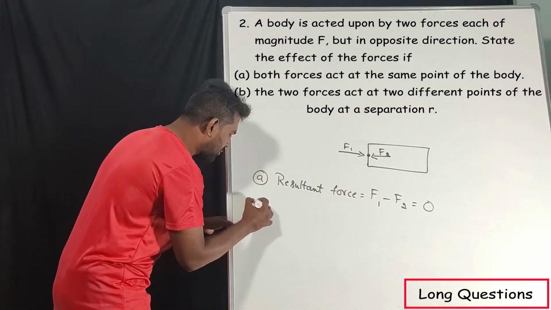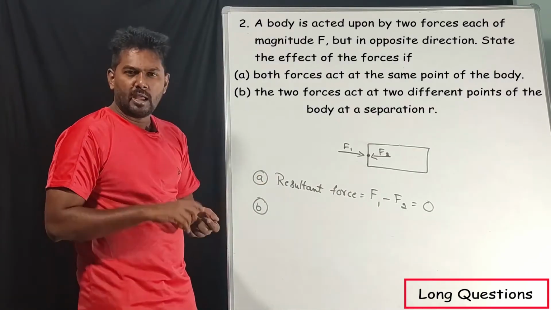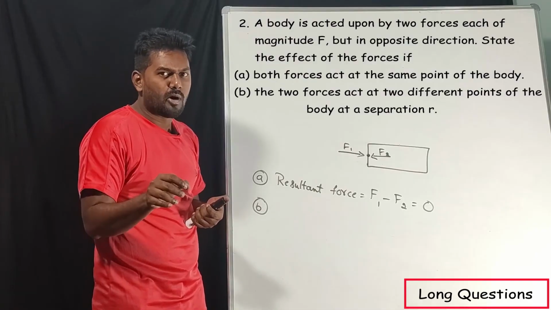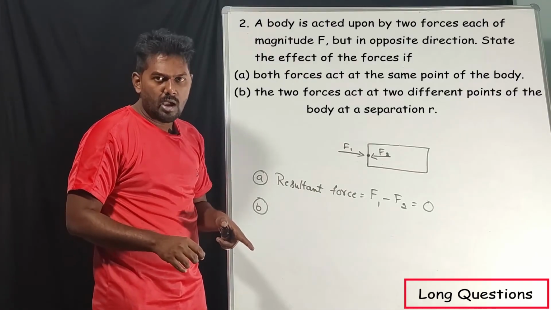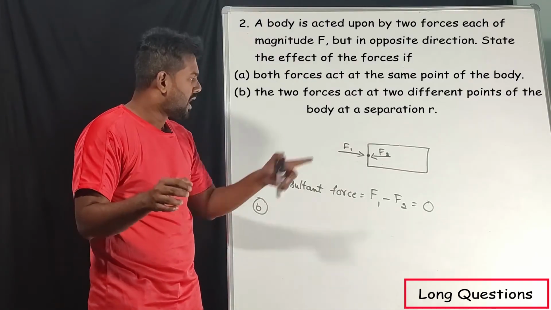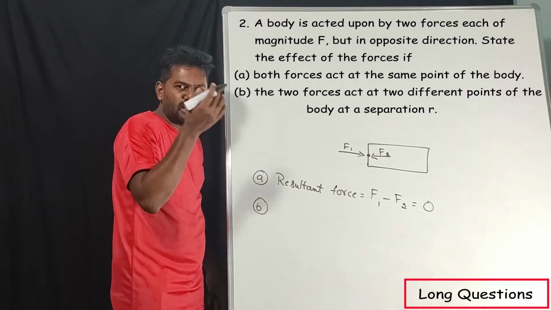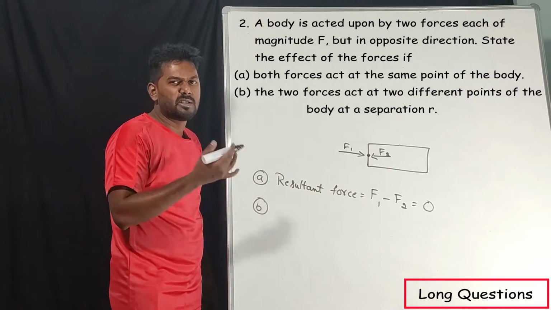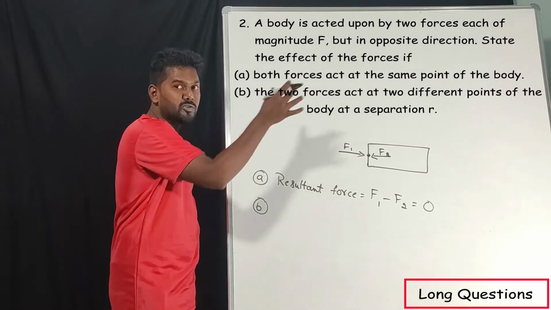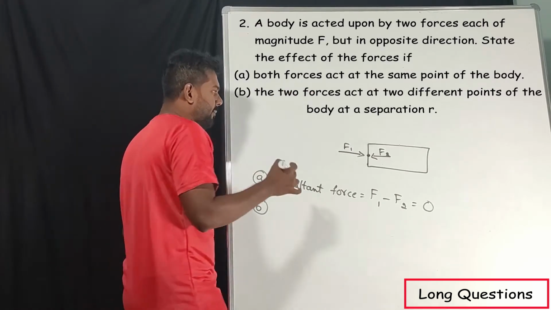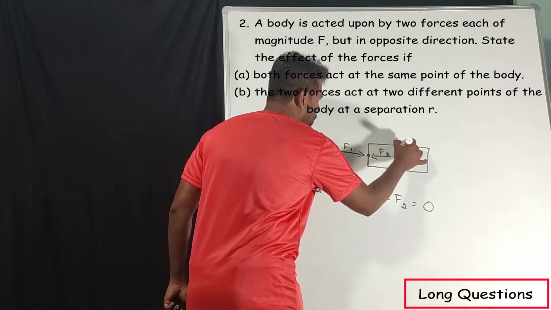Okay, now we will talk about subquestion B. Okay, the two forces are acting on a body at two different points. What will be the effect of force on this body? Okay, listen. See, even though it is a different point or the same point, the answer remains the same. Why? Because the two forces are opposite in direction. Okay, assume you can take any point.